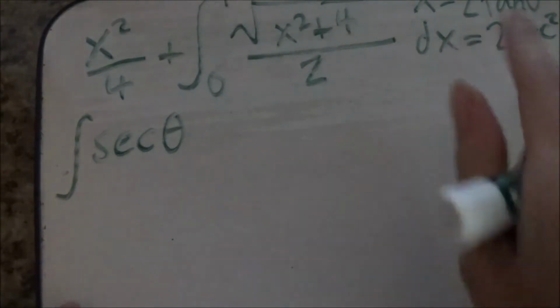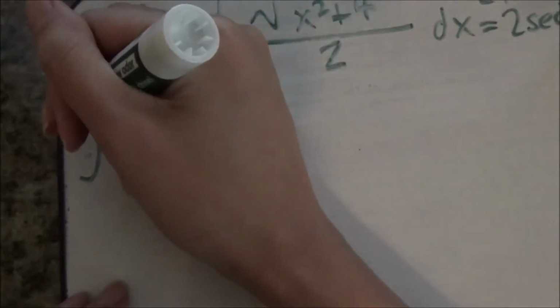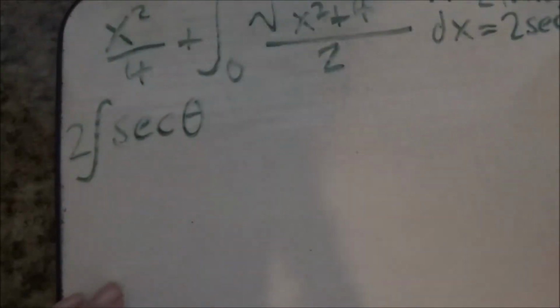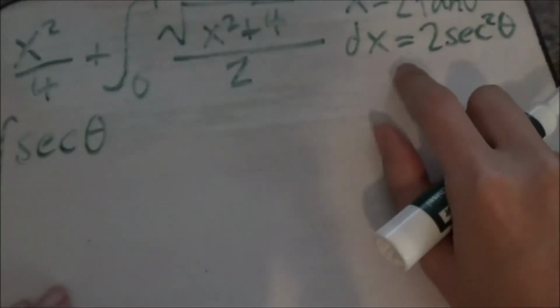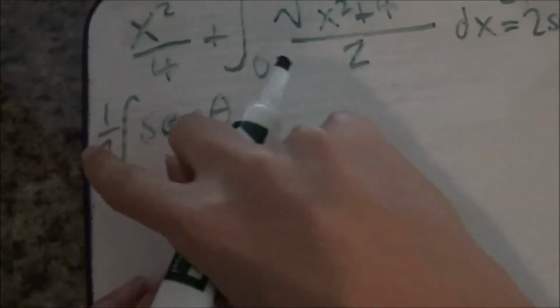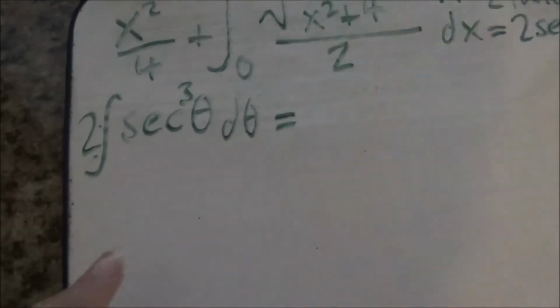Oh, well, we have that 2 secant squared theta. So 2 is still there. I'm sorry, not 2, a half. Because wait, dx. No, that is right. Sorry, 2. Okay. Secant cubed d theta, that is an integral.